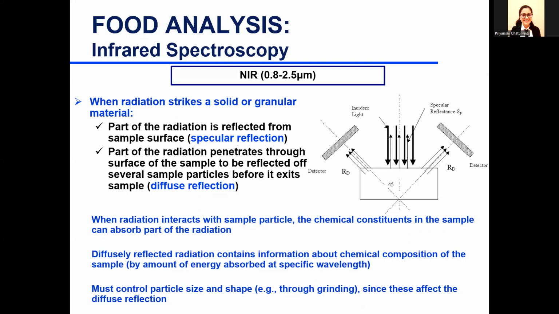But so sometimes, that's important, sample handling. Two things that are important for IR: particle size. You must control particle size and shape, because if you're doing any kind of reflectance or refraction type stuff, the grind is really important because it's going to refract light in different ways. So make sure if your flour is ground to a certain particle size, it needs to stay consistent. The other thing that IR systems are sensitive to is temperature.